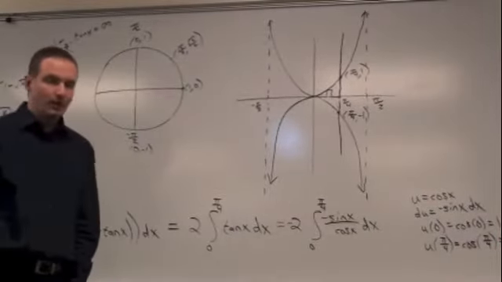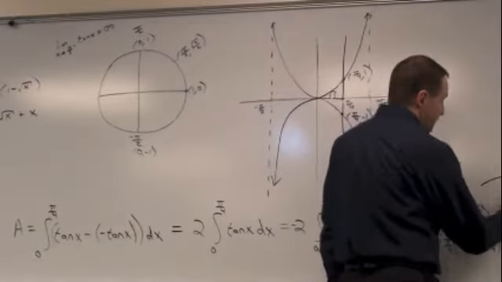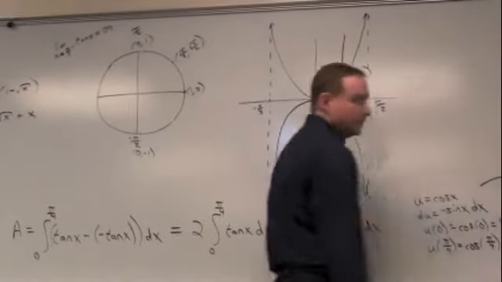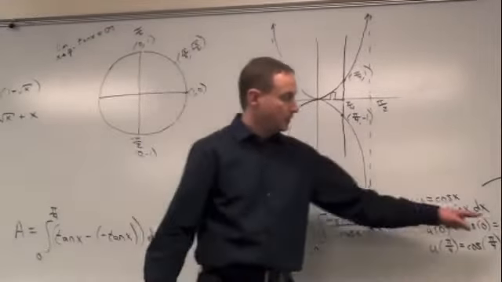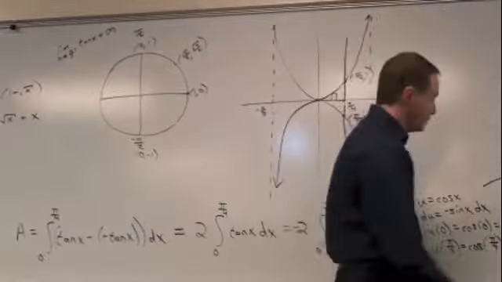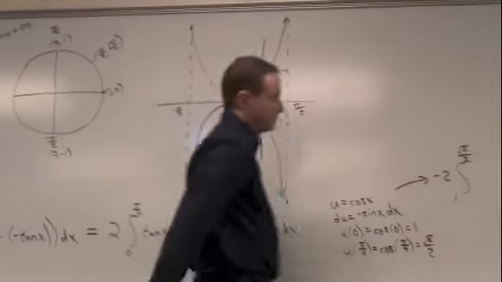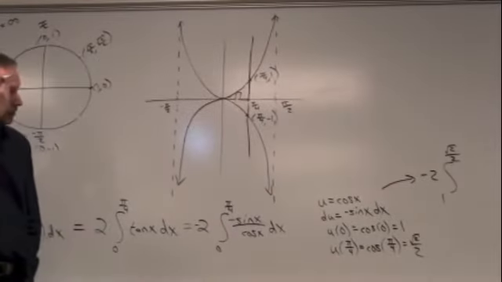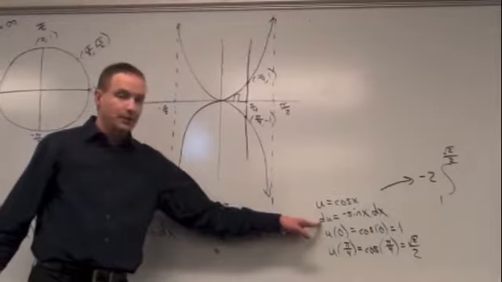So now I can take all of this information and write a refined problem. This is going to lead me to negative 2 times the integral, not from 0 to pi over 4, but from 1 to the root of 2 over 2, of negative sine of x dx, which canceled out and became du.